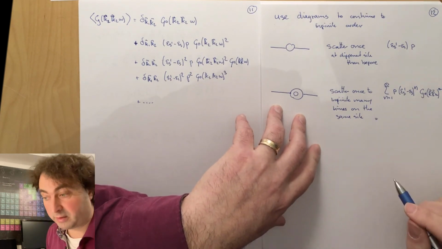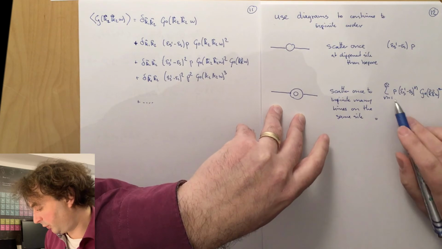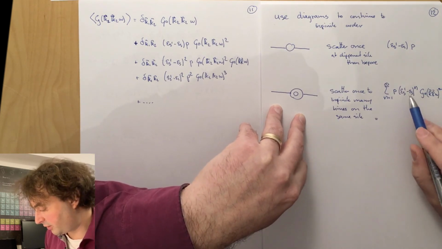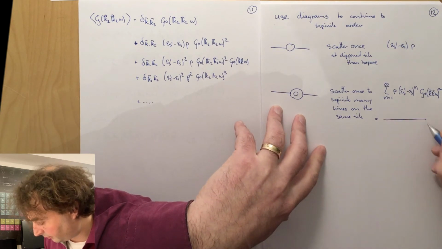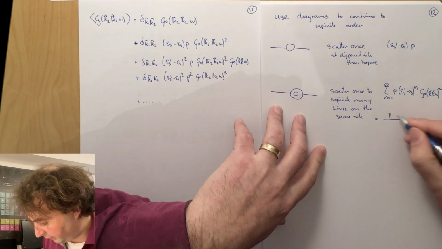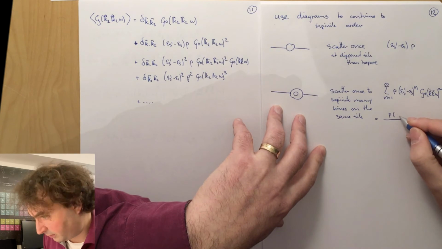This is a geometrical series. Of course, we have to worry about convergence ranges, but we know these are analytical functions. The poles are well localized, so we can always do analytical continuation.